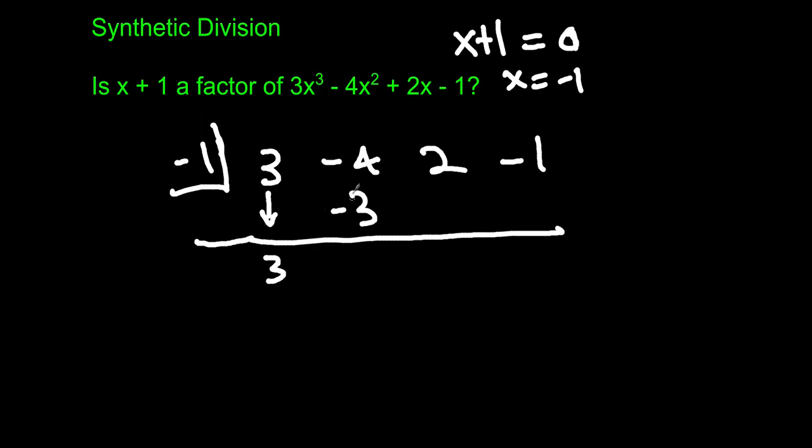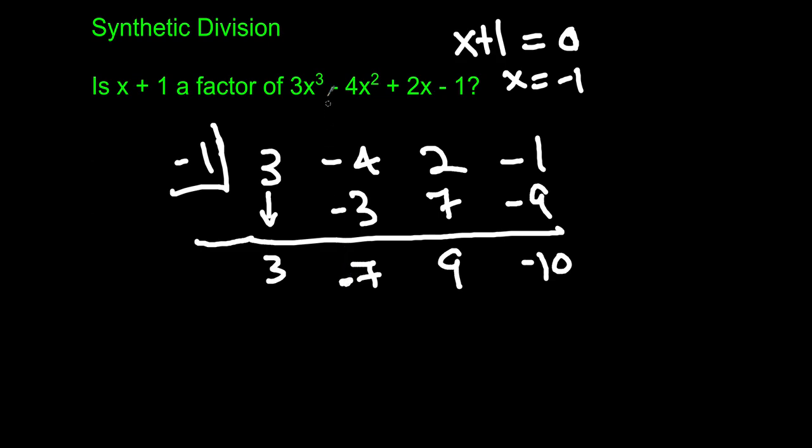So you just add these two terms. Negative 4 plus negative 3 is negative 7. Then you multiply negative 1 times negative 7, it gives you a positive 7, and you add 2. Negative 1 times 9 is negative 9, and then you add, and you get negative 10.